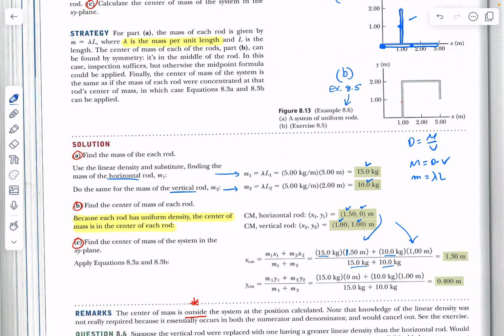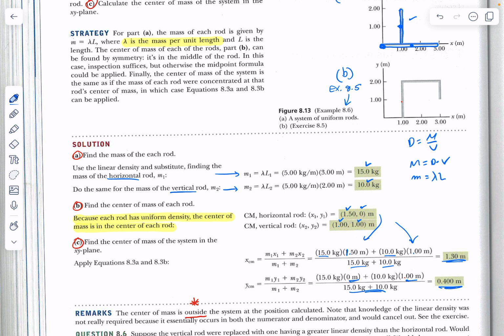And that's going to find my X coordinate, 1.30 meters. And then my Y coordinate, we're plugging in the zeros and the ones right here. And there's my total mass here, 0.400 meters.